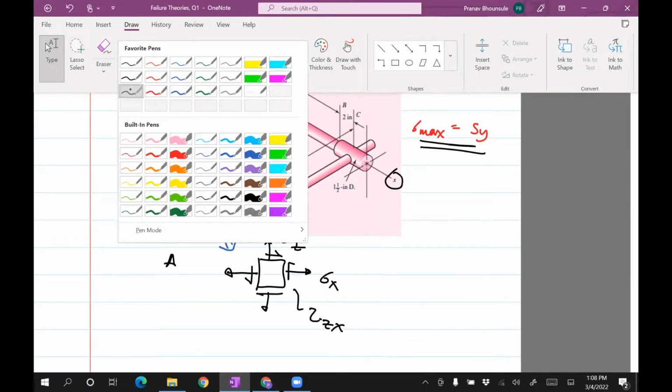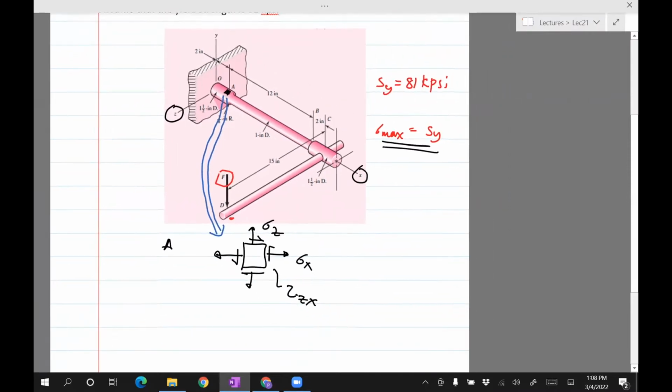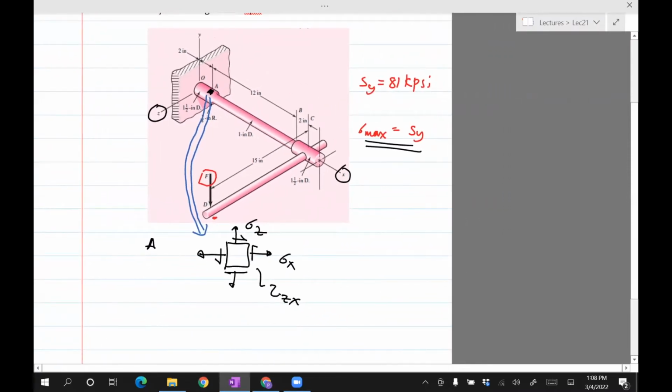Professor, I have a question. Sure. So how are you saying sigma z, you're just taking the z axis on top? We can say that's y too, right? Like how you're saying this sigma z and sigma x? Oh, sure. So you can see the axes are Z and X, and A is on the top.